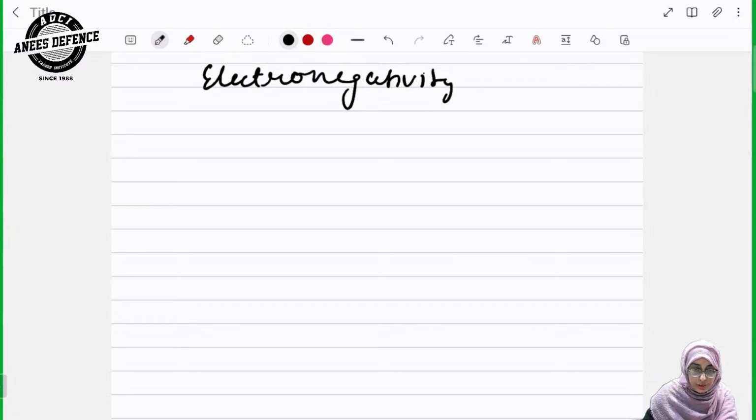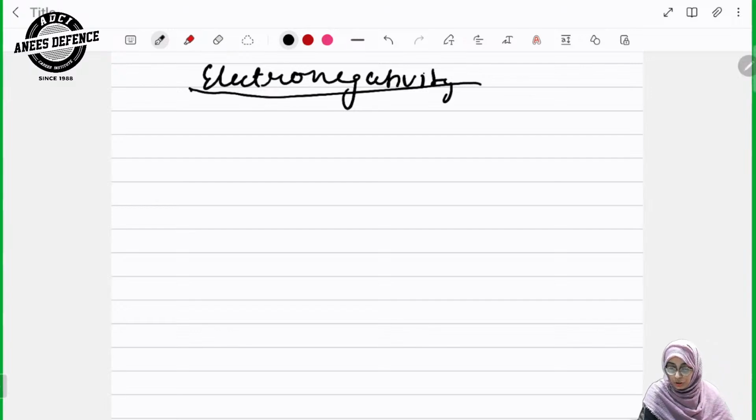Electron affinity is the tendency to accept the electron, and electronegativity is the tendency to attract the electron. So what is electronegativity? It is the ability or tendency of an atom to attract the shared pair of electrons.